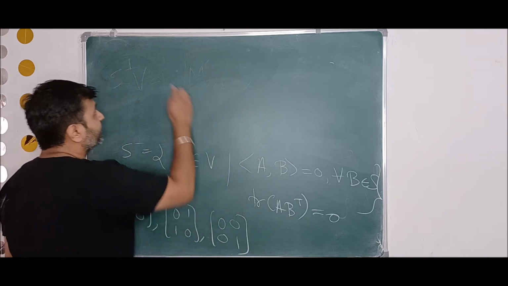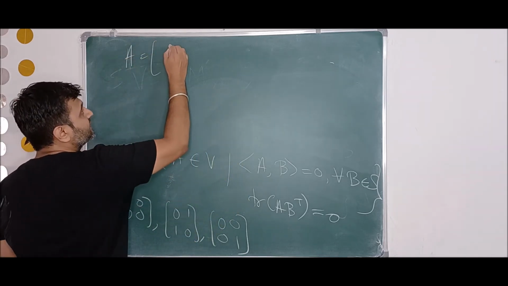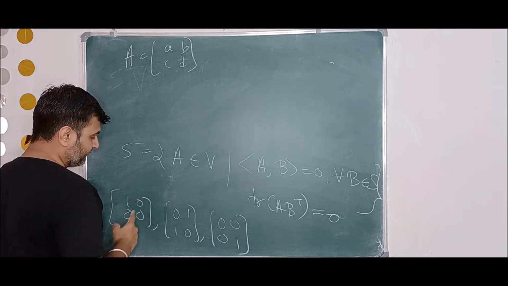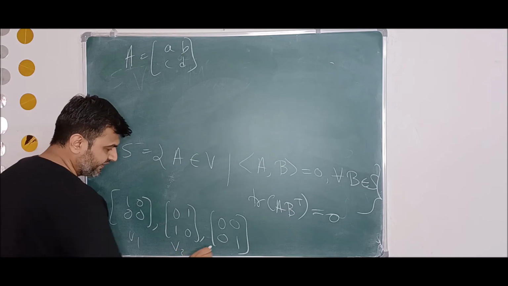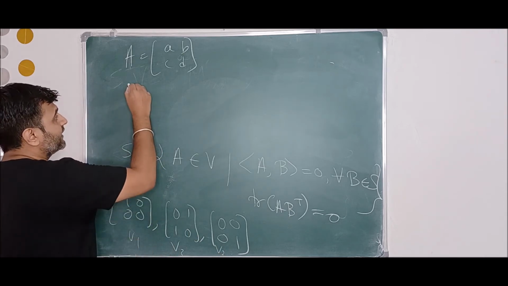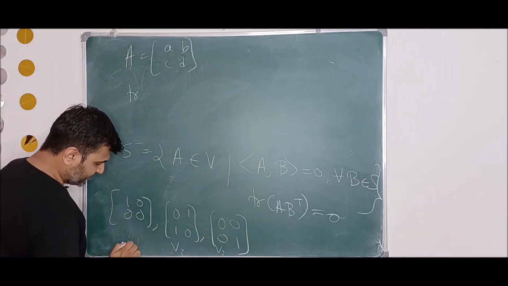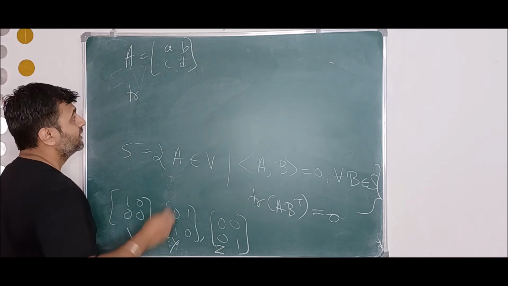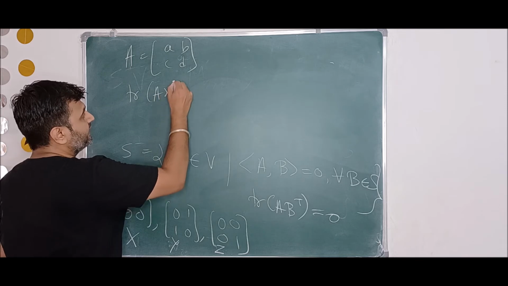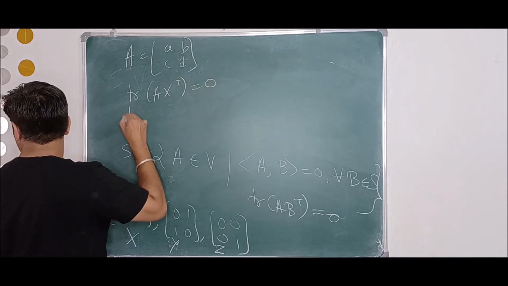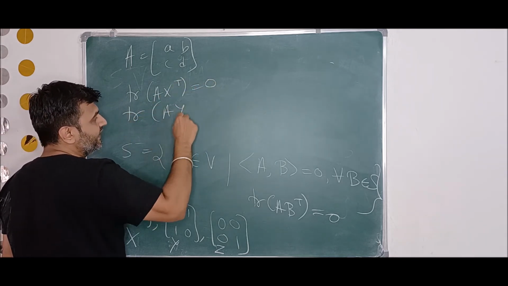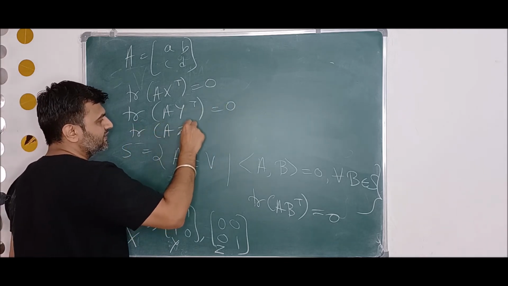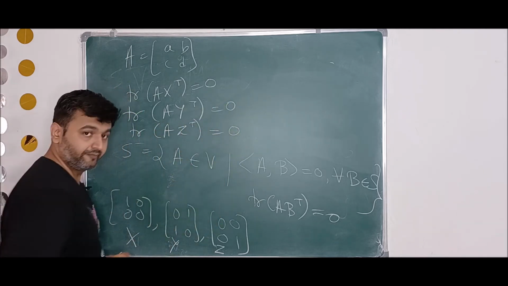Now if I call my A as (a, b; c, d), and call these V1, V2 and V3, or instead let me call them capital X, capital Y, capital Z. So I have trace of A X transpose is 0, trace of A Y transpose is 0, and trace of A Z transpose is 0.